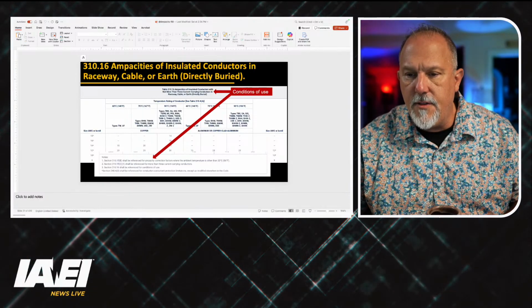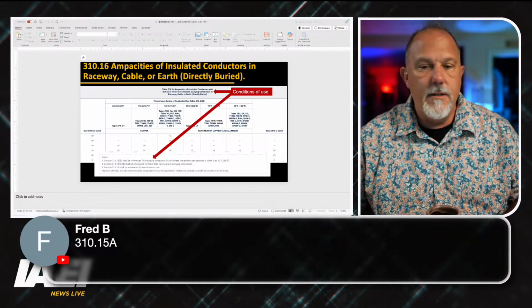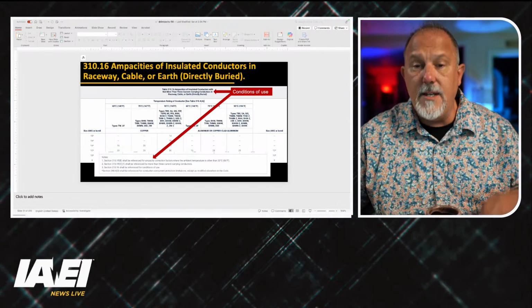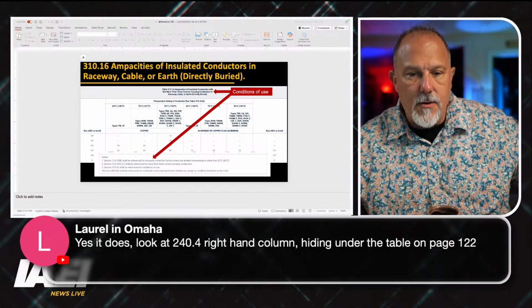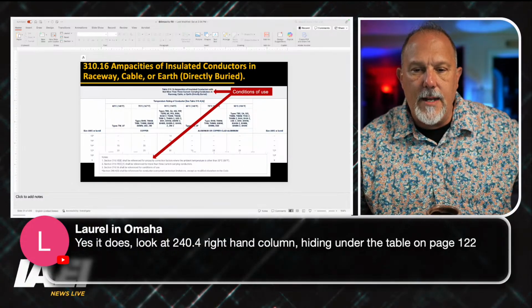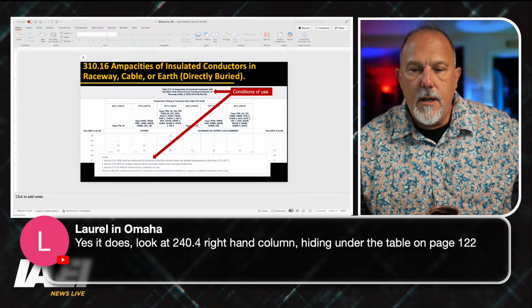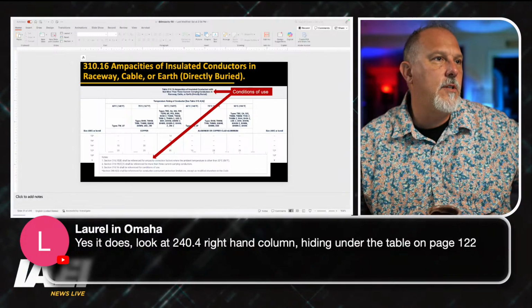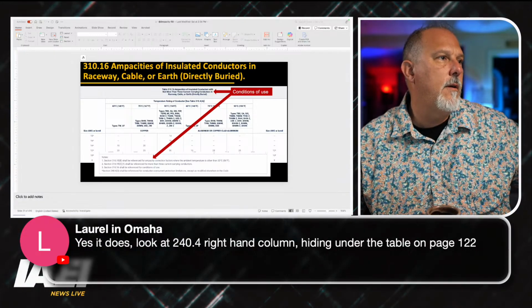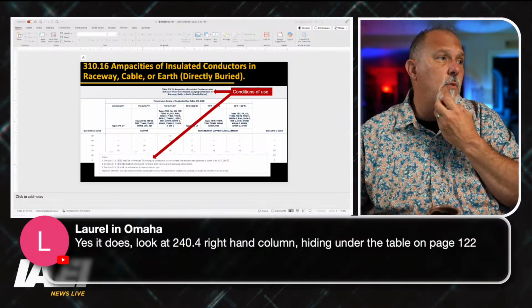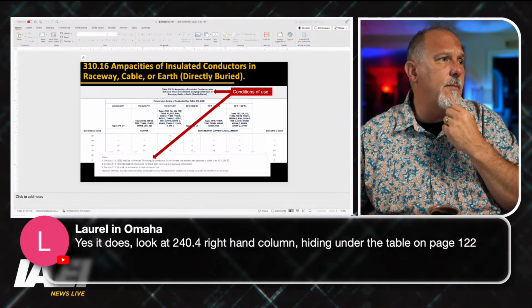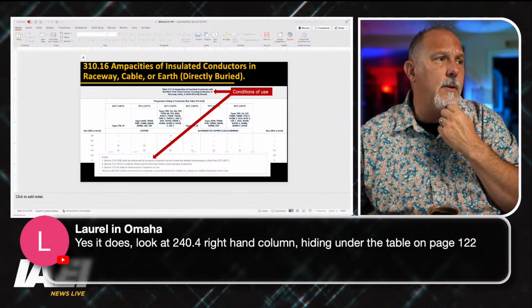All right, 310.15(A). Yes, Freddie B in the house. Laurel, yes it does. Look at 240.4, right-hand column, hiding under the table on page 122. 240.4. I'm going there, Laurel.